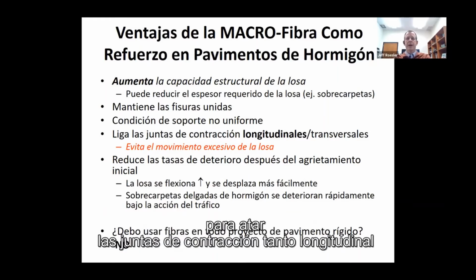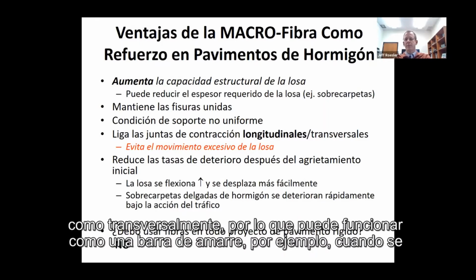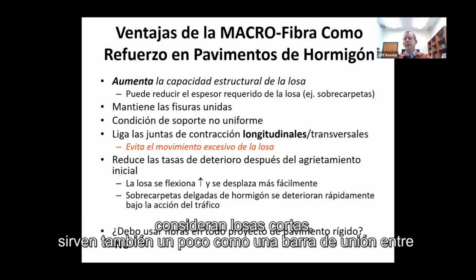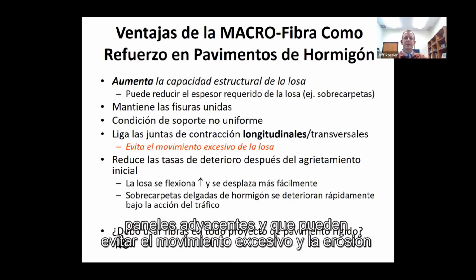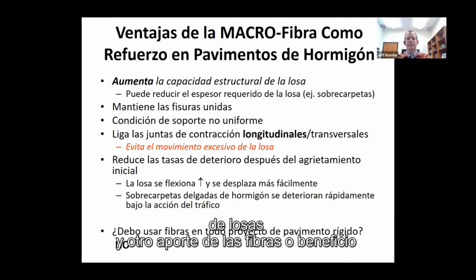Fibers also act to tie contraction joints both longitudinally and transversely, so they can function like a tie bar. For instance, when you're making short slabs, fibers serve somewhat as a tie bar between adjacent panels, and that can avoid excessive movement and migration of slabs.